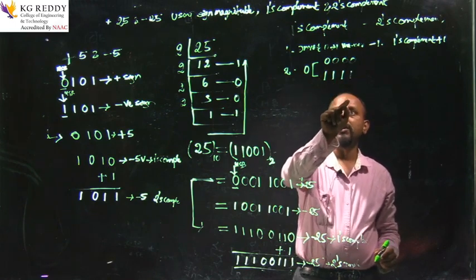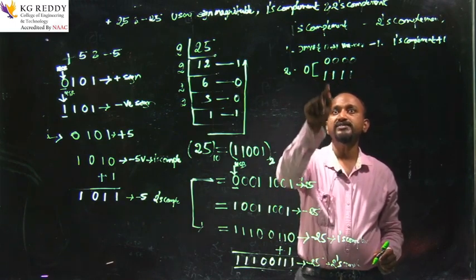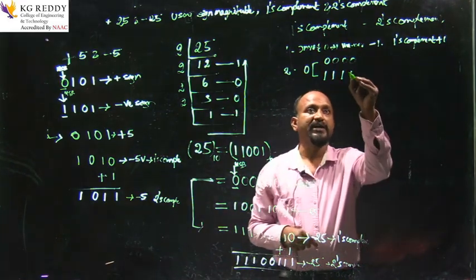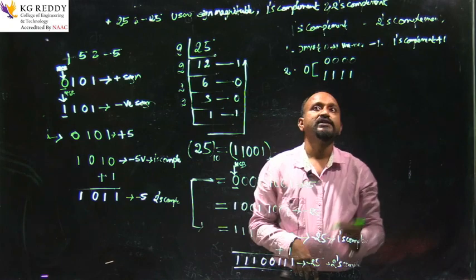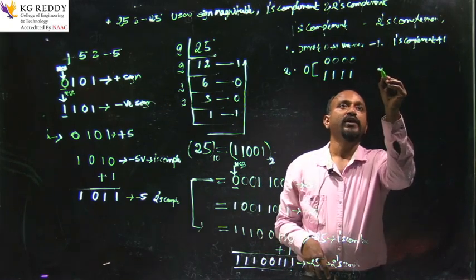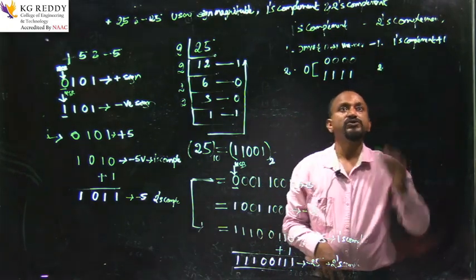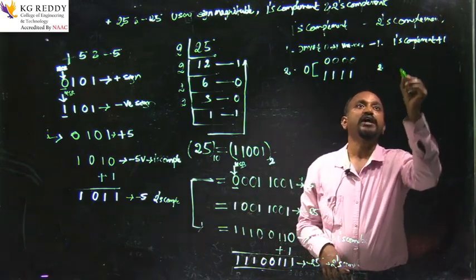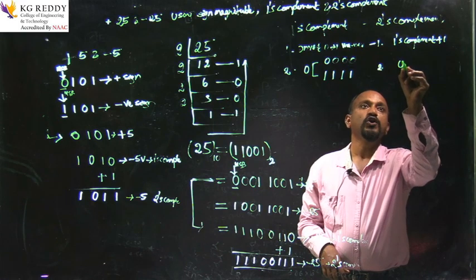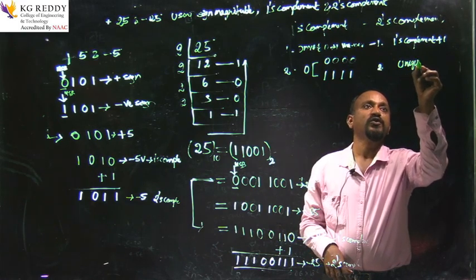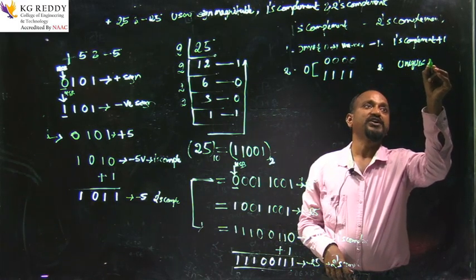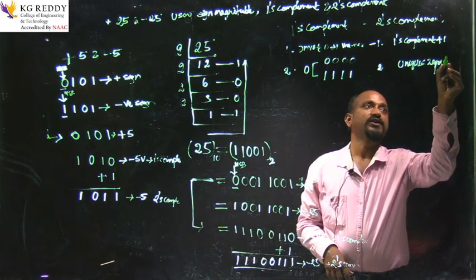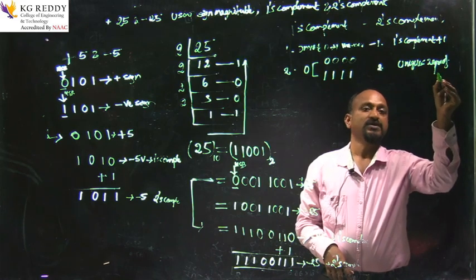This is the possibility in ones complement. The second point, in twos complement, 0 is a unique 0. We can represent 0 uniquely in twos complement. We have a unique representation of 0.